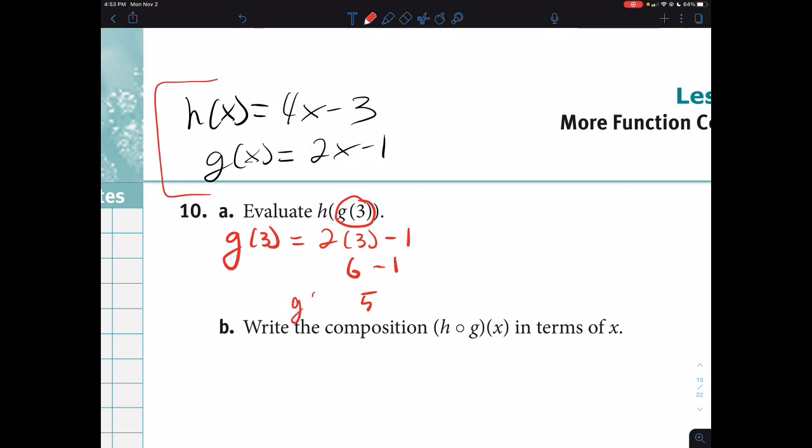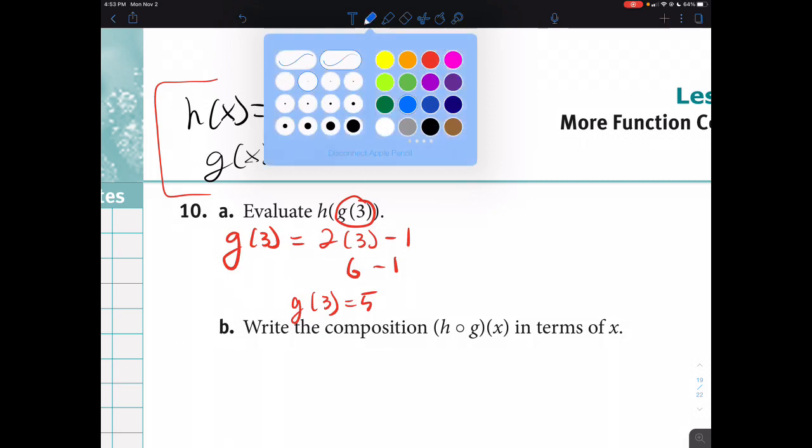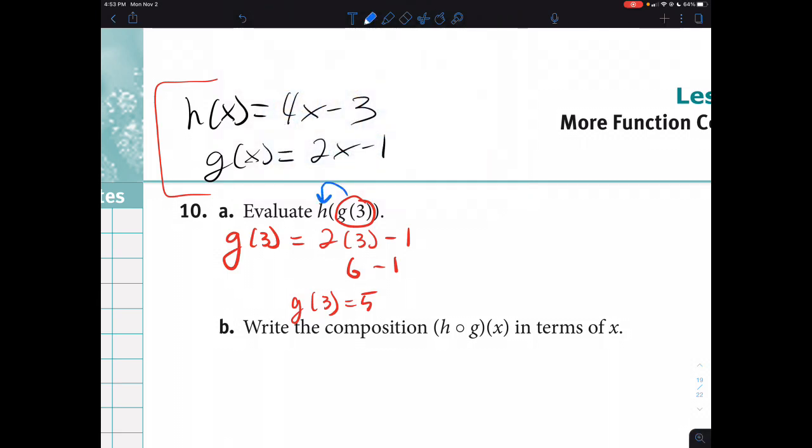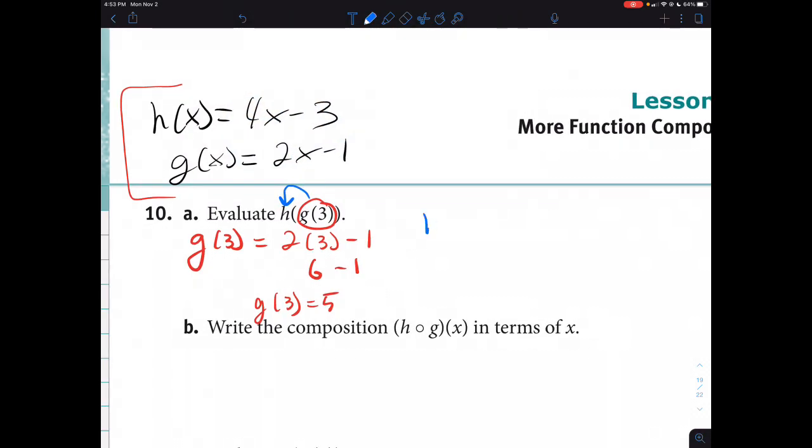That's g of 3. Then we're going to take the 5 that we just found, and plug that 5 into function h. So h of 5 is going to be 4 times 5 minus 3. 4 times 5 is 20, minus 3. So our final answer here is 17.